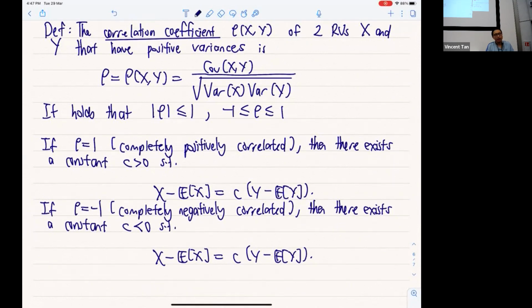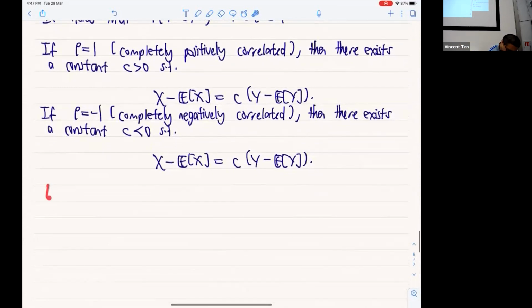Now, this can also be thought of as Euclidean geometry. It's a bit abstract, but random variables can actually also be thought of as vectors. Roughly speaking, if rho is equal to 1, you have two vectors pointing in the same direction. There's a C. They may be of different lengths, but they are pointing in the same direction. This is too abstract, but let's do an example to make this more concrete.